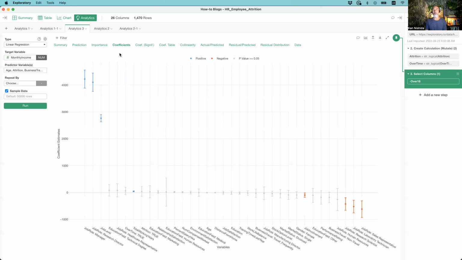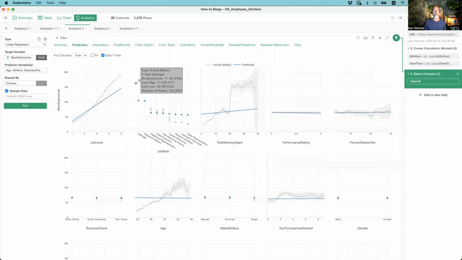Okay, once we understand that, the next one is more important, because whatever I've been talking about in the last couple of minutes about the coefficient, you don't need this. You can go to the prediction and see the information in a visual way, and the coefficient number itself is in a pop-up. So you don't really need to go to the coefficient tab.